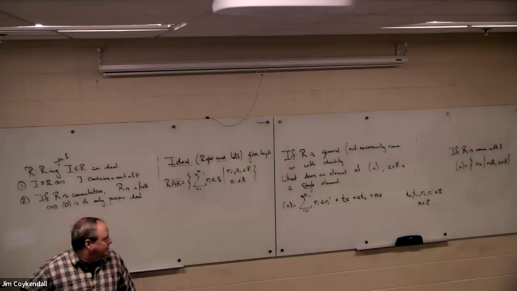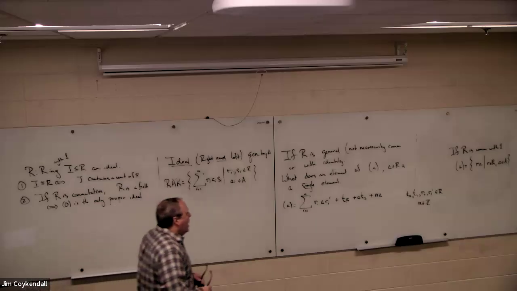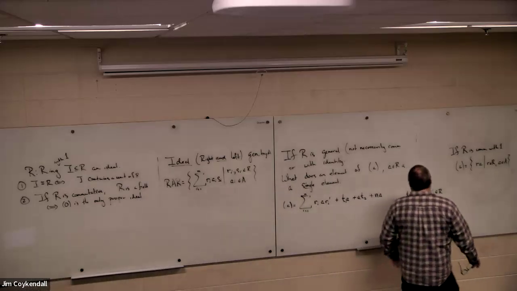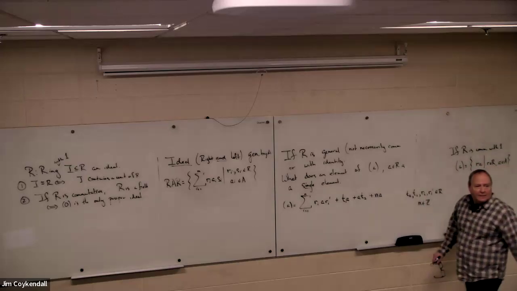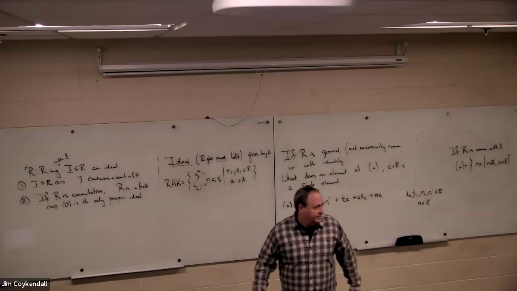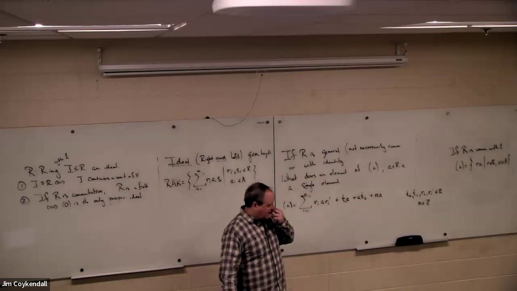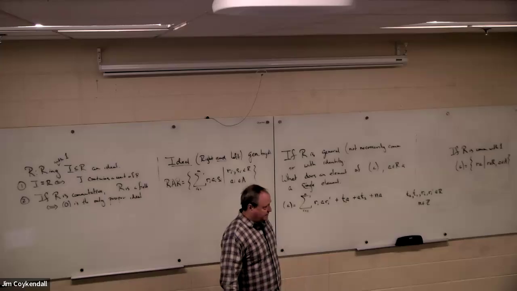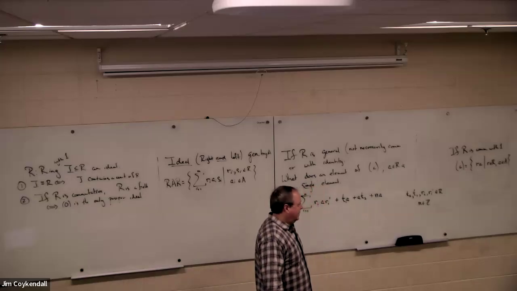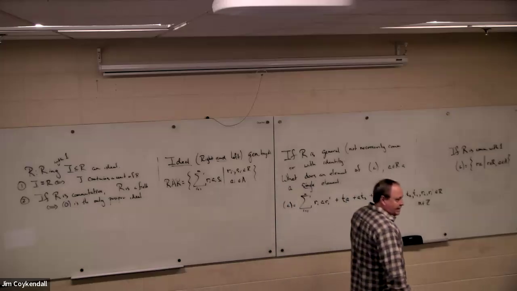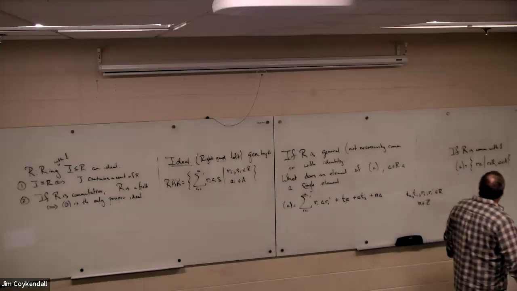Is that related to R, or is it just...? No. These are completely arbitrary elements of R. Okay. You say that all elements in the ideal generated by A look like that. That doesn't necessarily mean that notation right there is all elements, right?